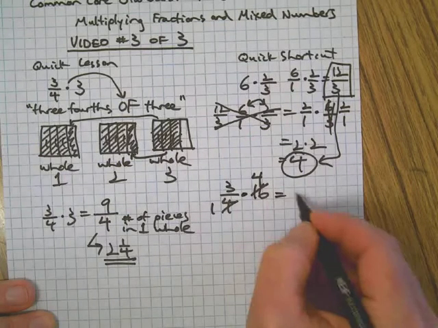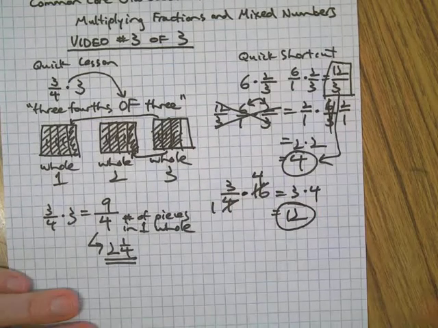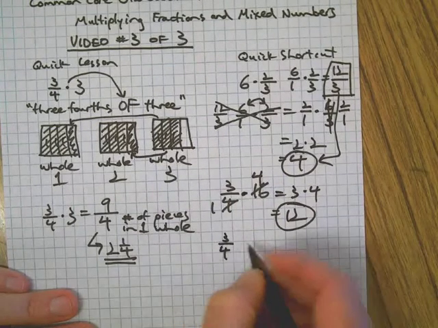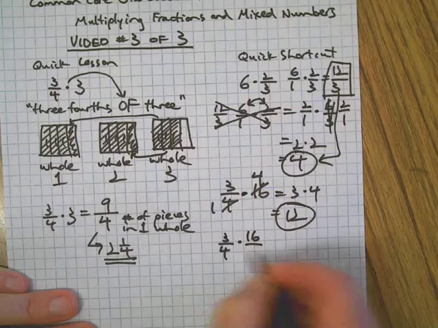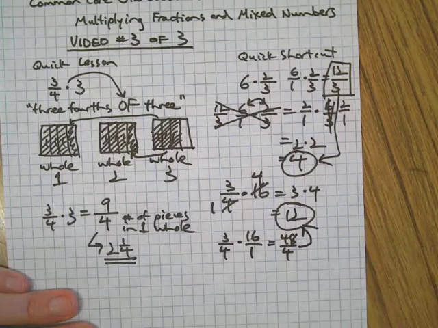Then I just go, what's 3 times 4? 12. Okay, the answer is 12. The proof is right here. 3 times 4, 3/4 over 16 over 1, right? Would be 48/4, which simplifies there.